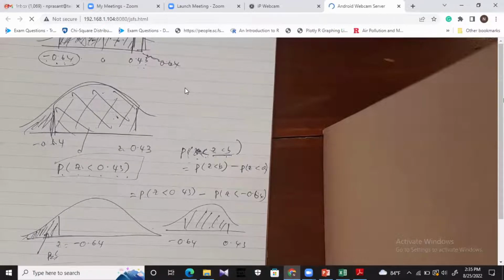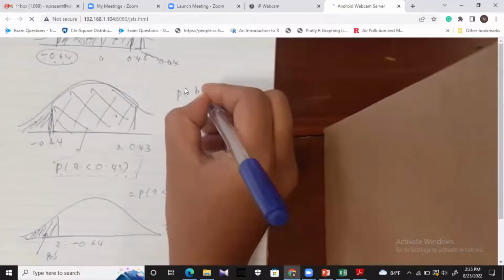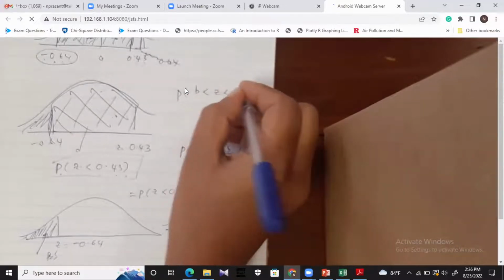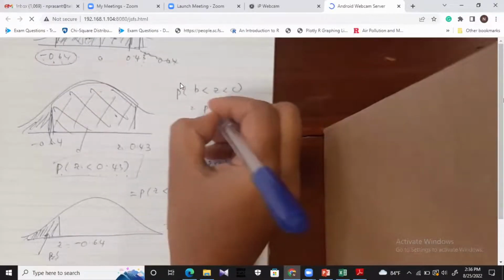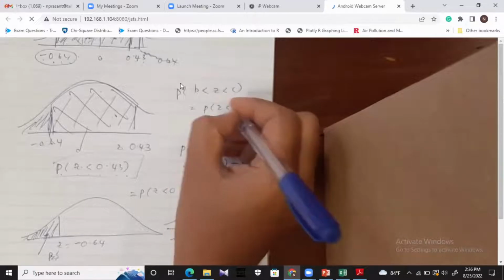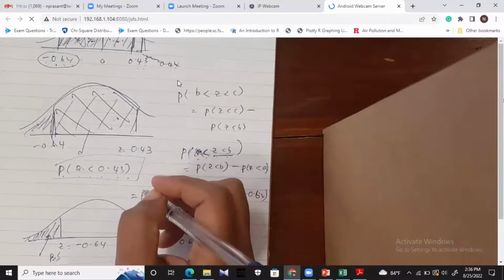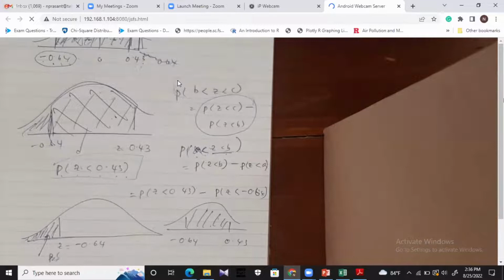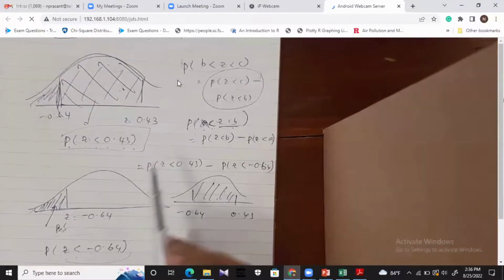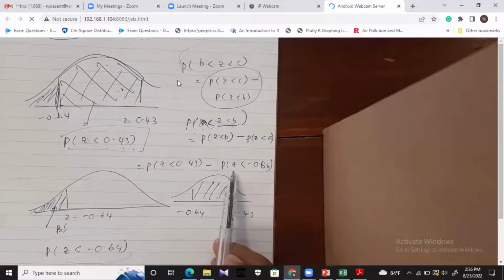Understand? So if we have, let's say, B less than Z less than C, how do you write this? Probability Z less than C minus probability Z less than B. Okay? This is going to be the same as this. So we write probability Z less than 0.43 minus probability Z less than minus 0.64.